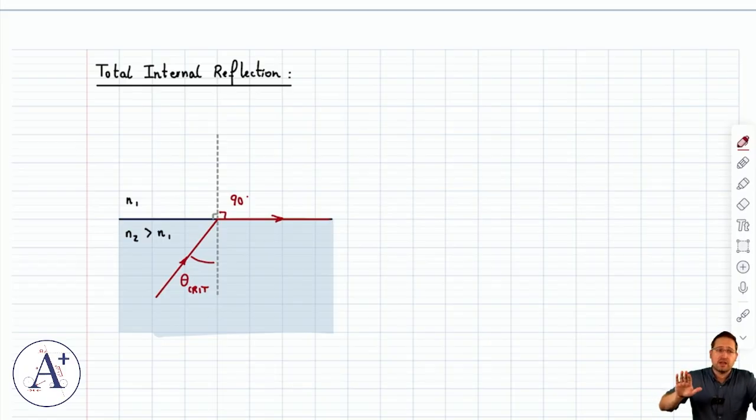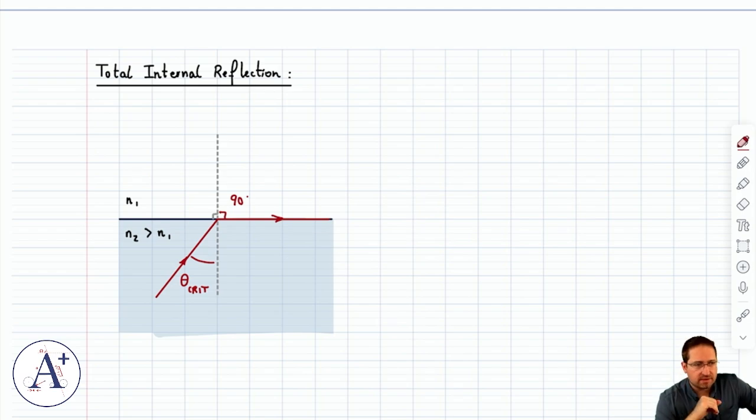It has bent as far away from the normal as it can. But you haven't made it to 90 here, you're not shining light like this. You have a certain angle theta critical. Because the refracted ray bends away, this angle is going to hit 90 before theta critical hits 90.